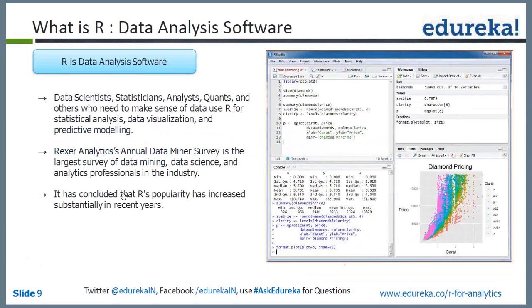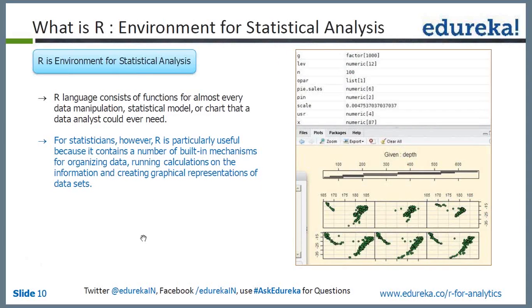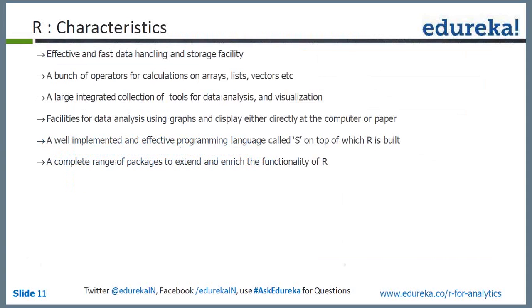Data analysis software popularity has increased substantially in recent years, and R is primarily for statistical analysis. It makes things pretty simple for the analysis. Look at the characteristics: effective, fast handling and storage, a bunch of operators for calculation on arrays, lists, and vectors.